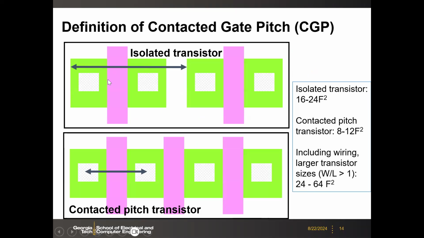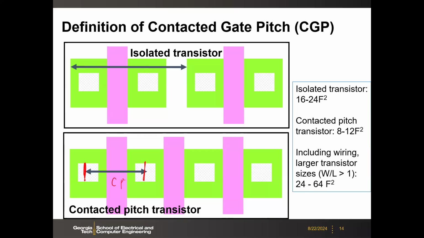So let's look at this design rule. Again, this is from the planar transistor. If those two transistors are isolated, then you have some isolation in between. But in many cases, those transistors connect with each other. And then the contact gate pitch is defined here.